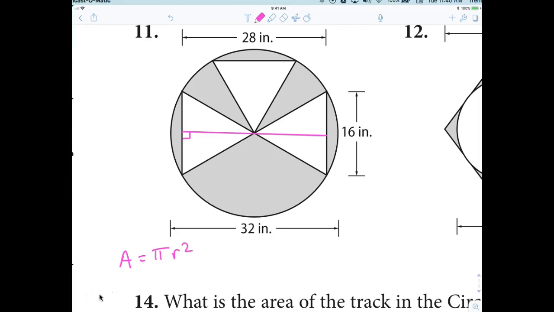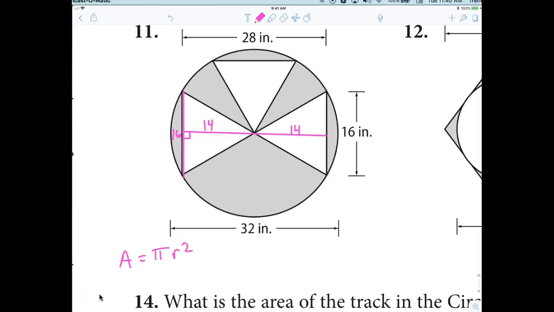The height is going to be 14. How do I know it was 14? Because all the way across was 28. Is everybody good with that? So that means the height was actually cut in half. Now, the base of the triangle from here to here is how much? That is correct. That is 16.